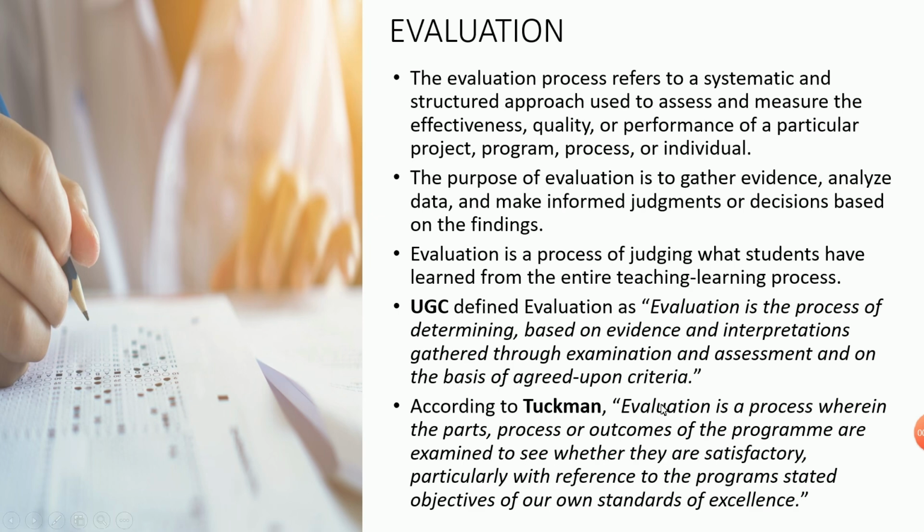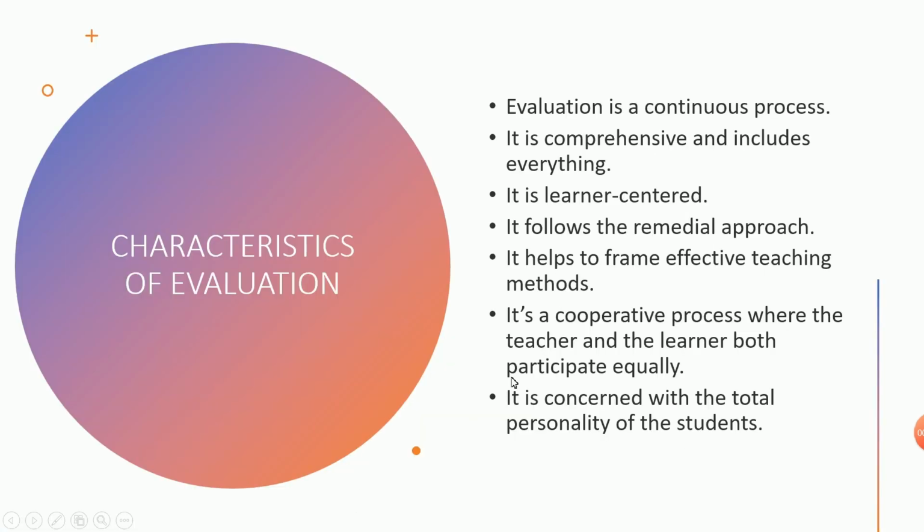Now the evaluation should be done either in parts or on the whole process, to see whether all those objectives are reached to a satisfactory level. Only then are they testing whether it has reached the satisfactory level or not. That process is known as evaluation. So next, moving on, characteristics of evaluation. So what are all the characteristics?